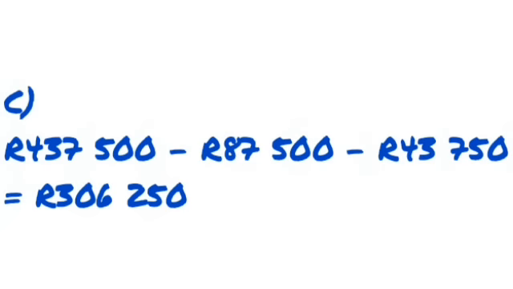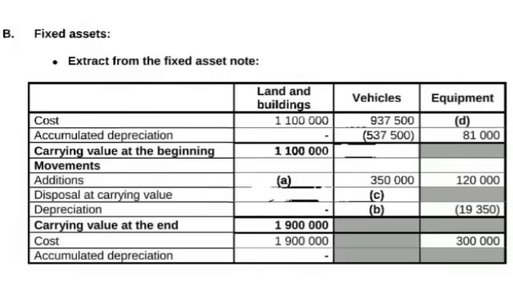So we start with the cost of 437,500 minus 87,500, that's the accumulated depreciation, and then minus the depreciation that we calculated in B, which was 43,750. If you go look at the depreciation for vehicle 2, it's the same amount. So that gives us the disposal at carrying value of 306,250.